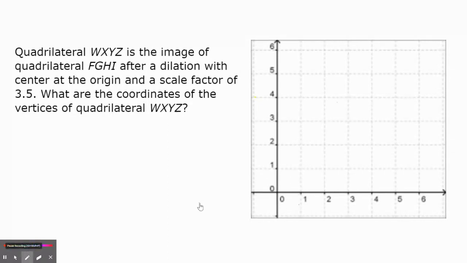So in a problem like this, we actually don't need our coordinate plane because we have a rule that we can follow. We talked about how everything's in proportion, but we do need to redraw FGHI. So that was right here.